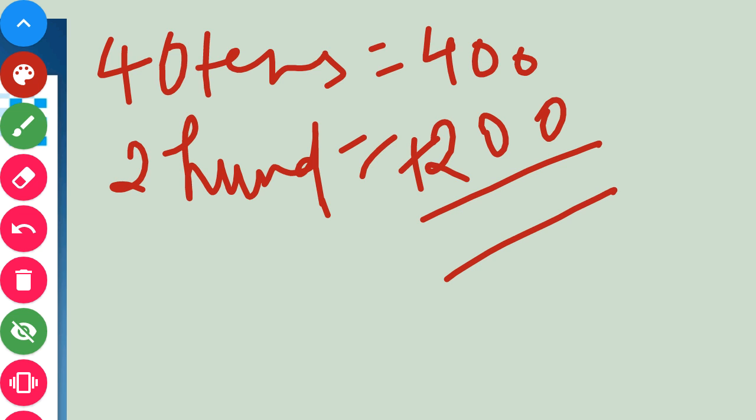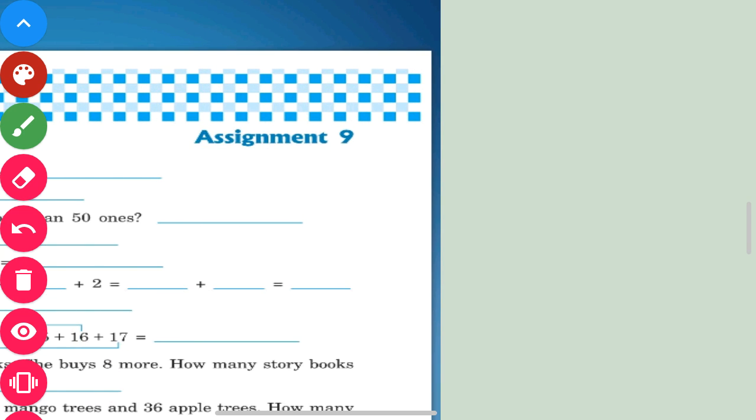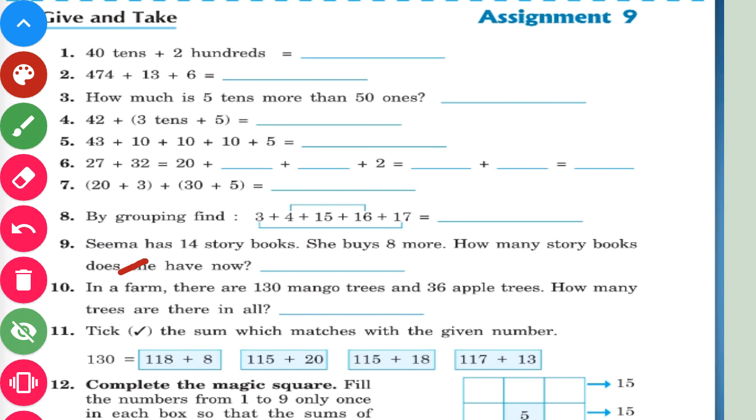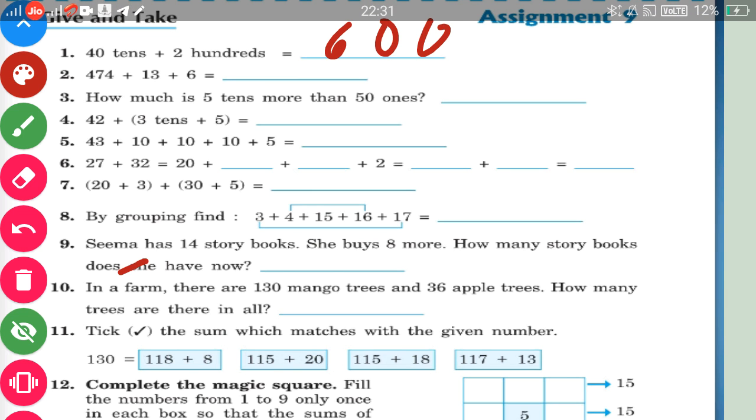Now we have to add them. What we will get? 600. So 40 tens plus 200 will be equal to 600.